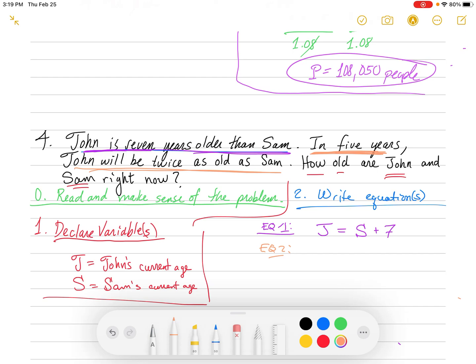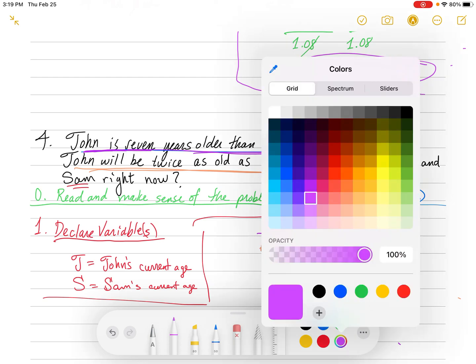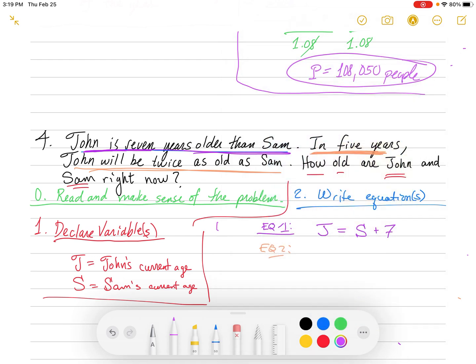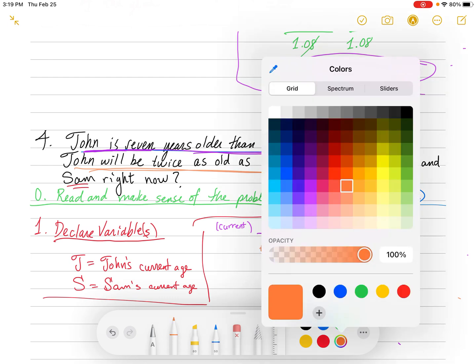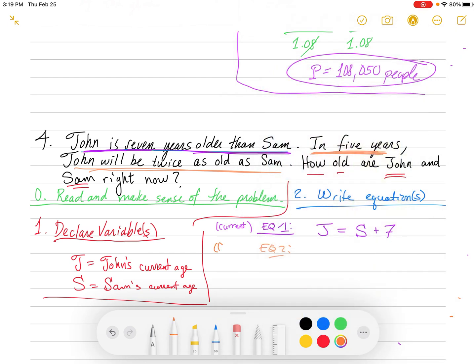So I'm going to write here, the first equation was current. The second equation is going to be future tense, 5 years in the future.